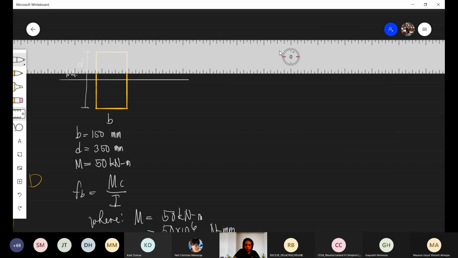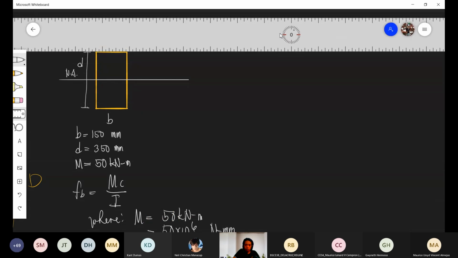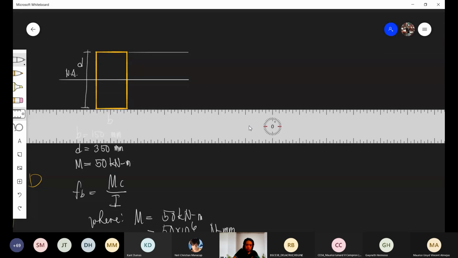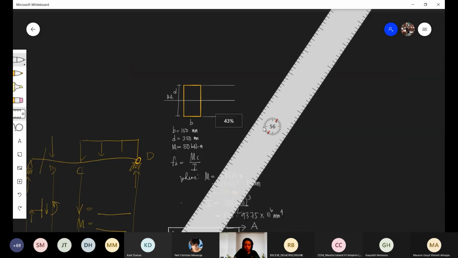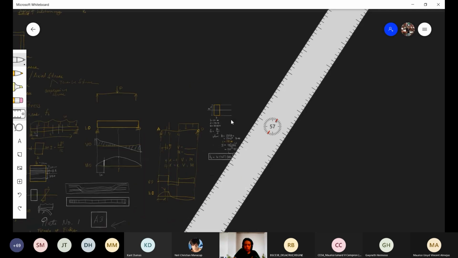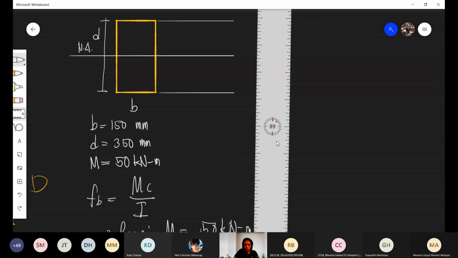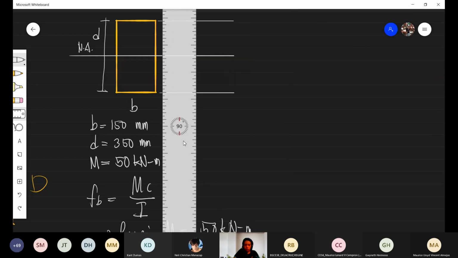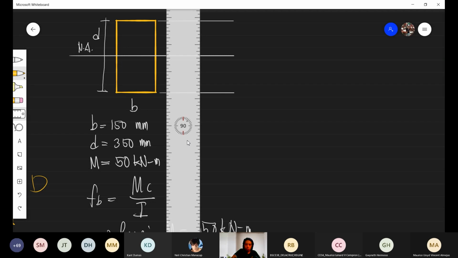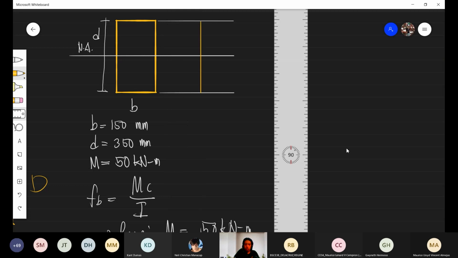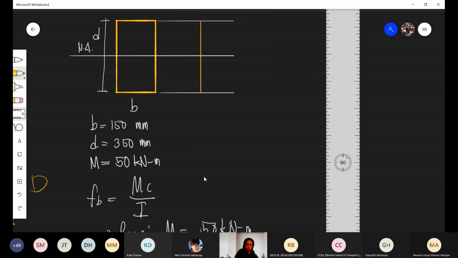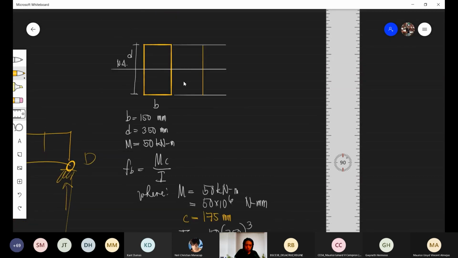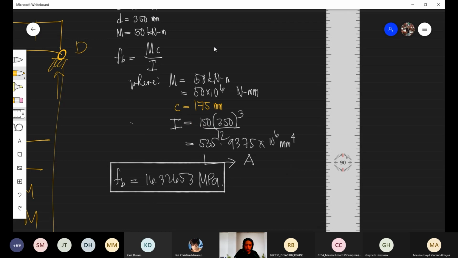Let me draw it, I will project it. Okay, the stress on the outermost fiber is the same, since it is a rectangular section: 16.32653.